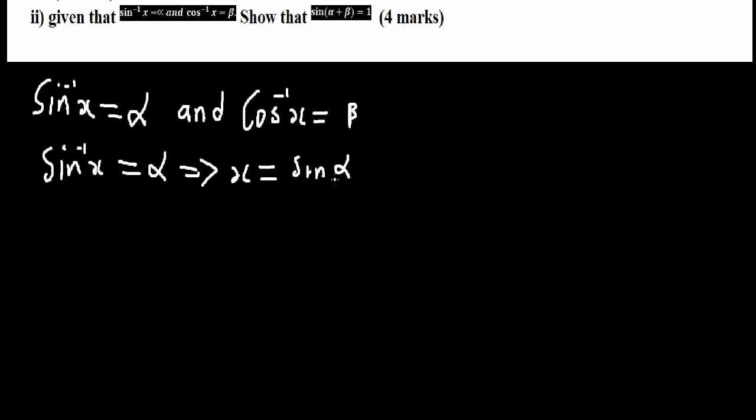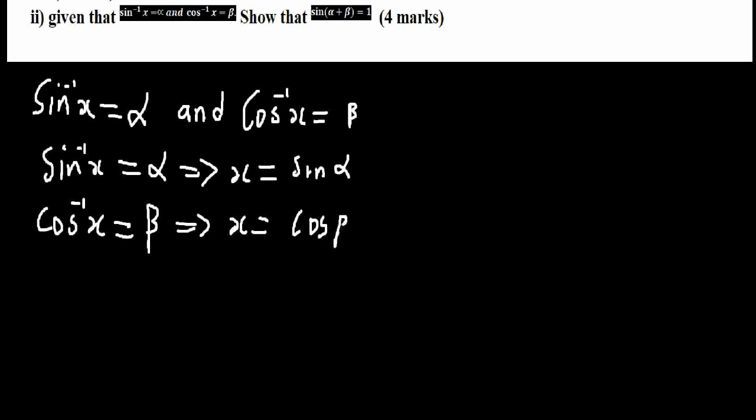X will be equal to sine alpha. And now if cos inverse of x is equal to beta, this simply implies that x will be equal to cos beta.